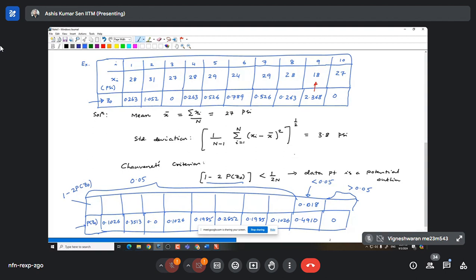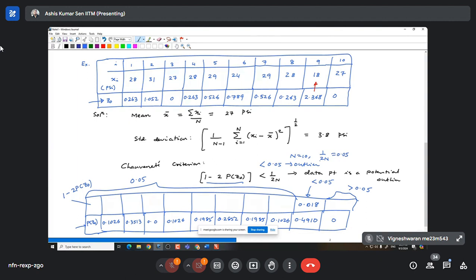We said that n equal to 10, so 1 over 2n is 0.05. That means if this value is less than 0.05, we call it an outlier.